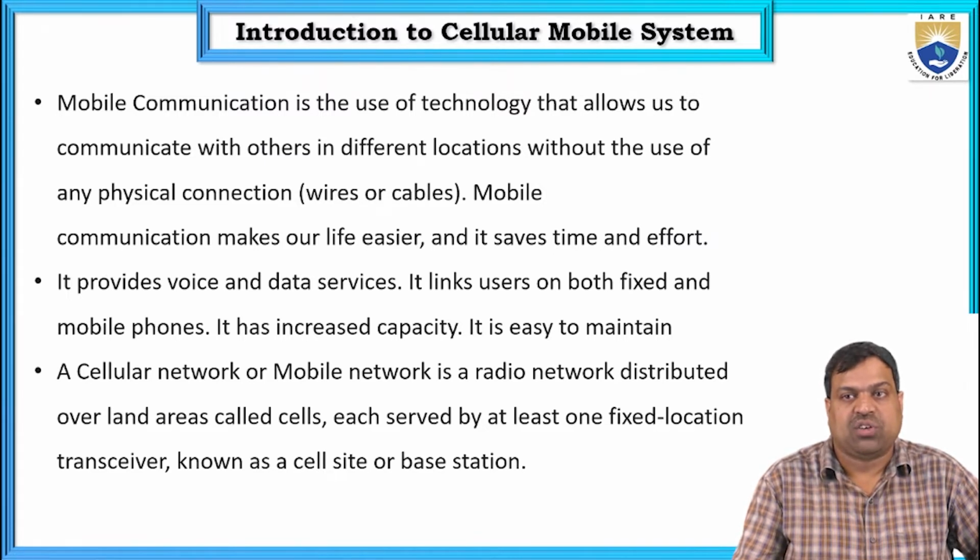A cellular network or mobile network is a radio network distributed over land in areas called cells, each served by at least one fixed-location transceiver known as a cell site or base station.